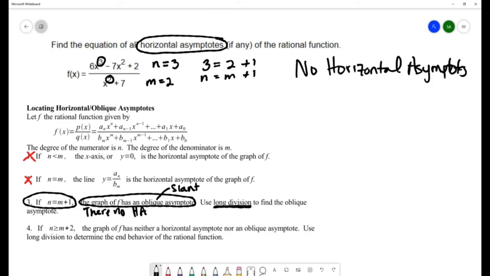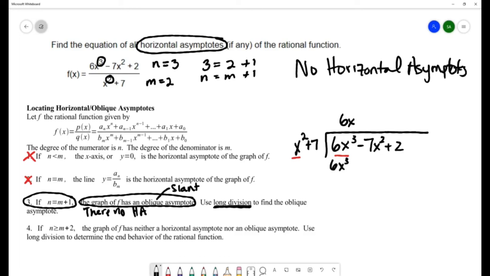What you would do is take the denominator, x squared plus 7, and divide that into the numerator, 6x cubed minus 7x squared plus 2. You match x squared with 6x cubed by multiplication, so I would multiply by 6x. That gives me 6x cubed plus 42x.